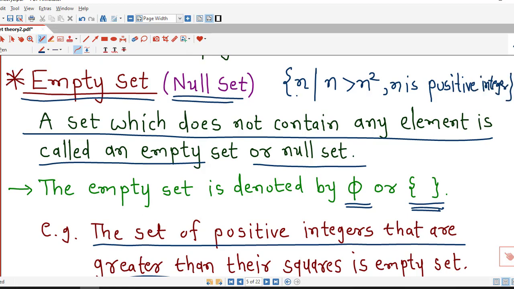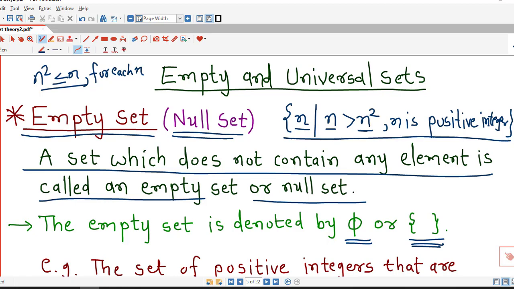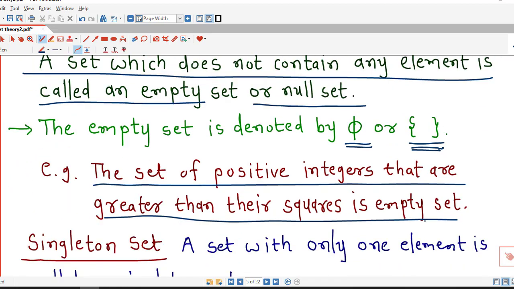We know that there is no integer which is greater than its square, because n squared is always greater than or equal to n for each positive integer n. So this set does not contain any element, and it turns out to be the empty set or null set. The set of positive integers that are greater than their squares is the empty set.